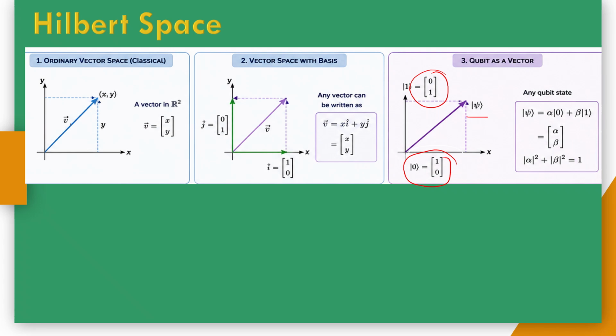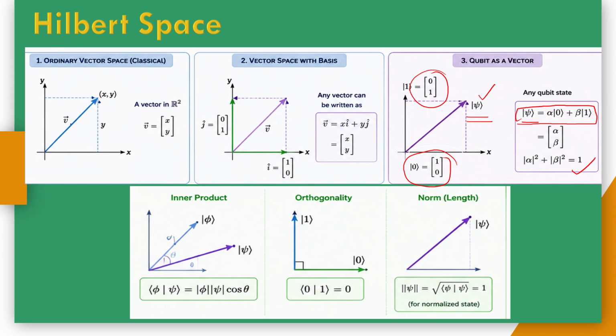So how do we represent the state? That is psi, the quantum state, a superposition of the states 0 and 1. Alpha and beta are the probability amplitudes. The state psi equals alpha state 0 plus beta state 1, and alpha squared plus beta squared is the normalization condition: alpha squared plus beta squared must equal 1.